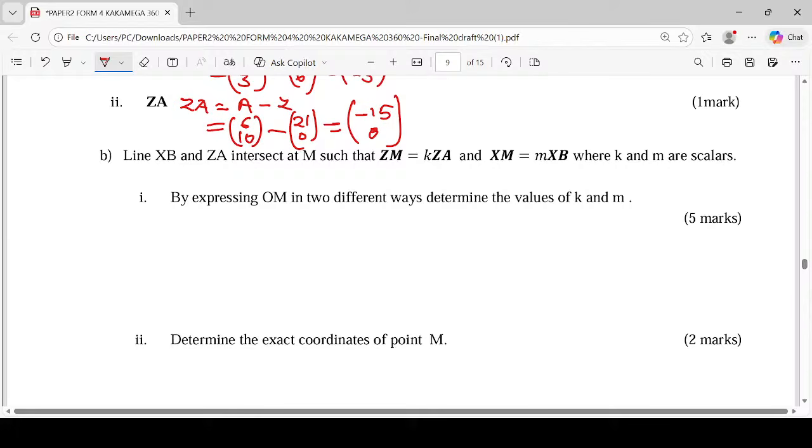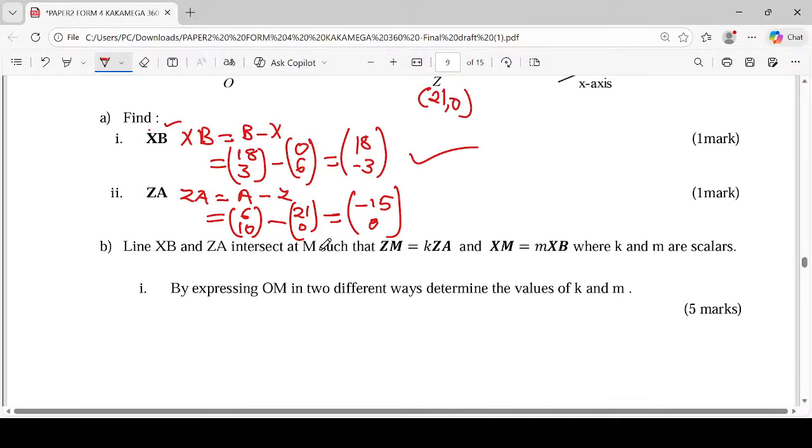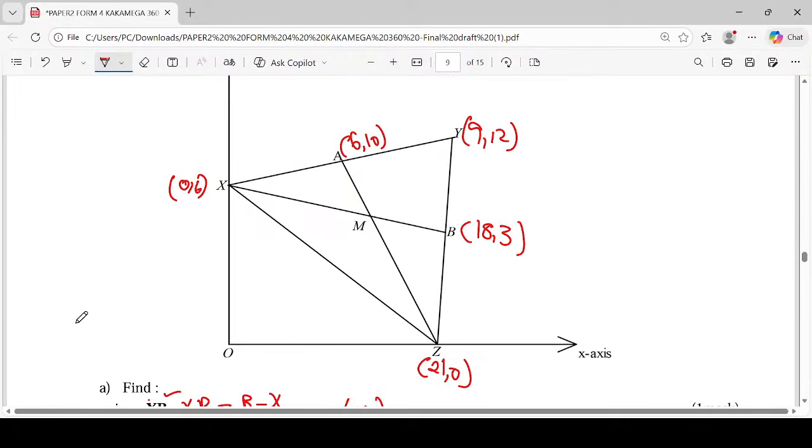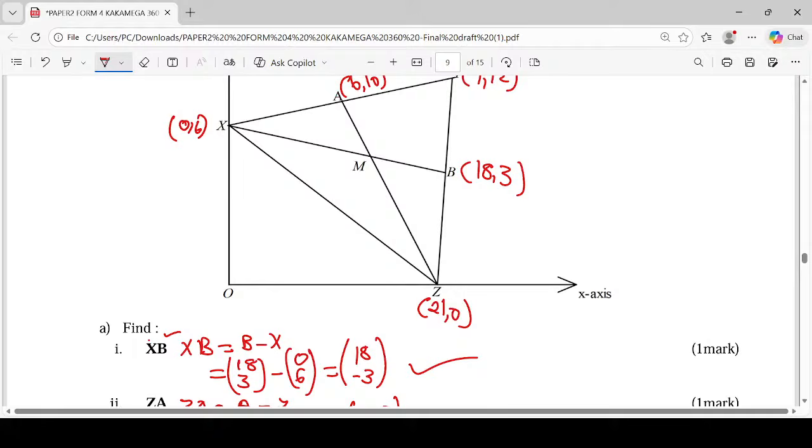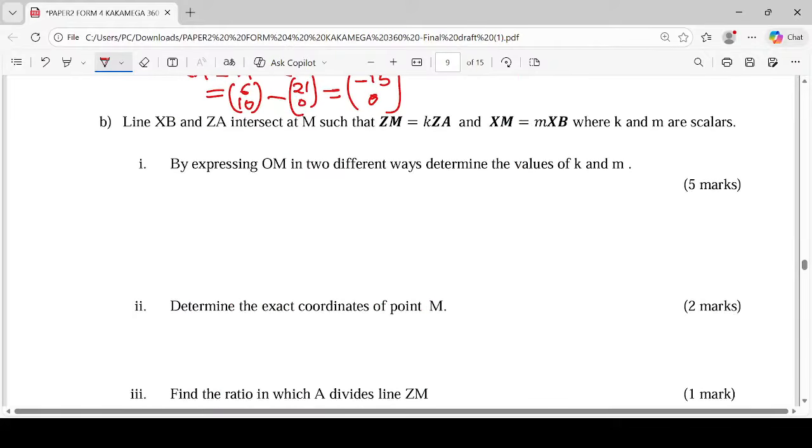So let me see OM first from the diagram. How can I move from O to M? I can move O to Z, then Z to M. You see, if I move from O to Z, then Z to M, I'll have moved from O to M. So that is the first path.